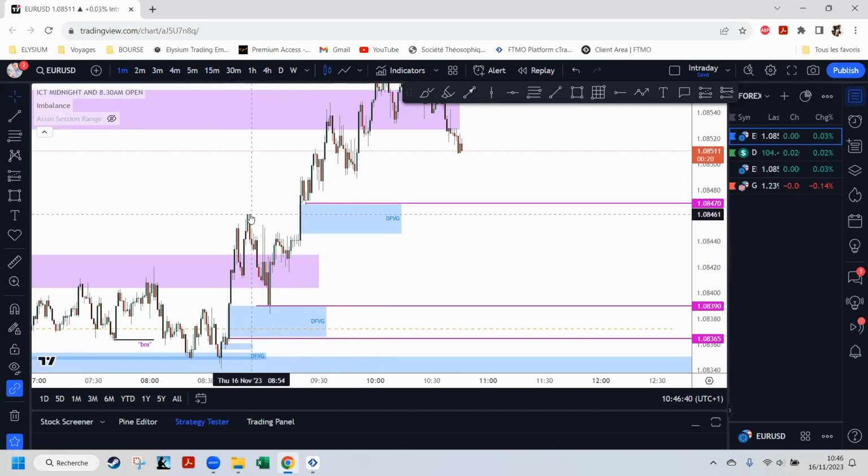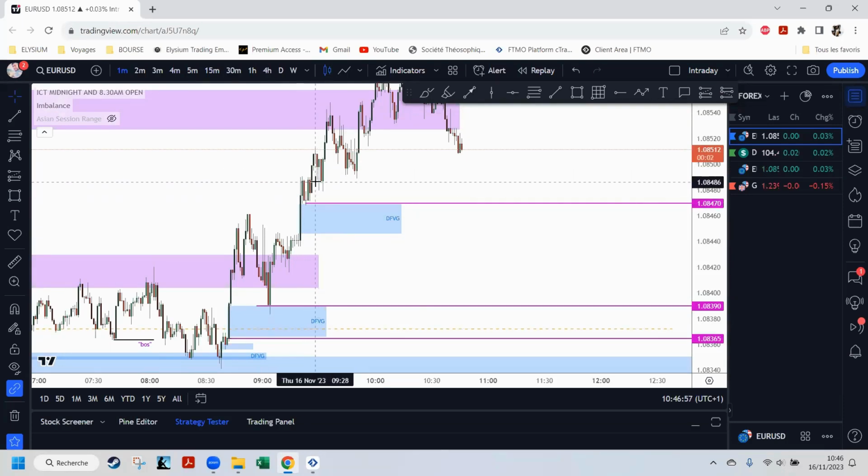I want something beautiful. And this fair value gap, look how many weeks and highs it took. Look how many. Of course, at least, even if it's not the right trade, you will have a reaction enough to put your trade at break even.